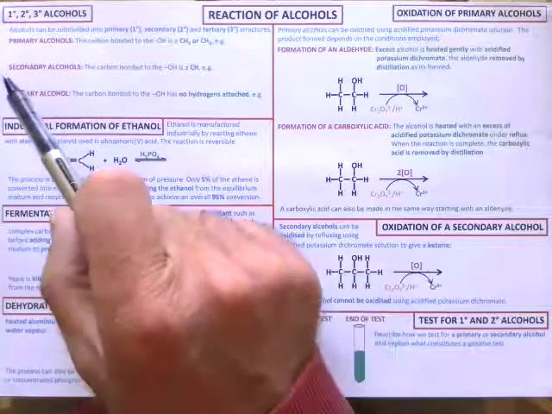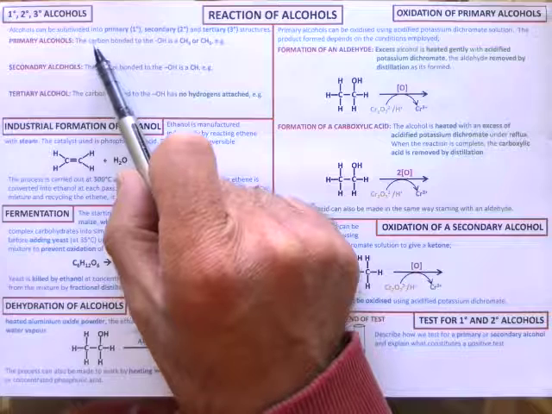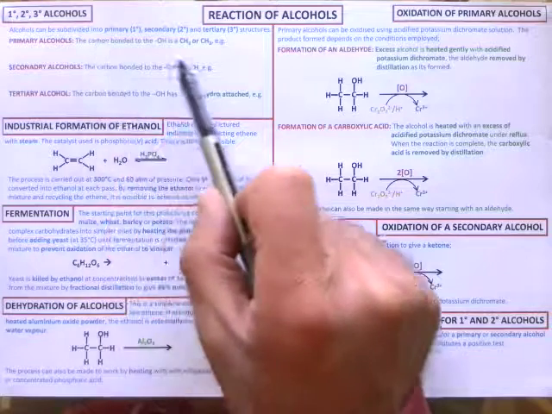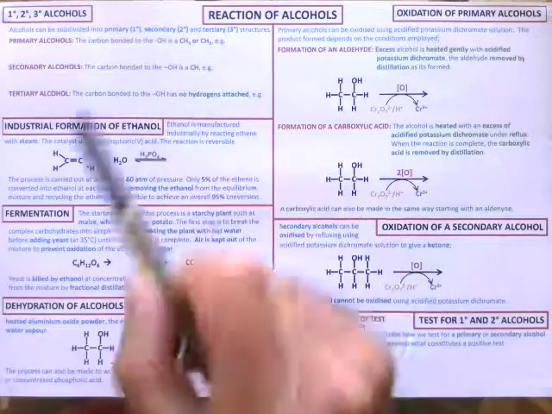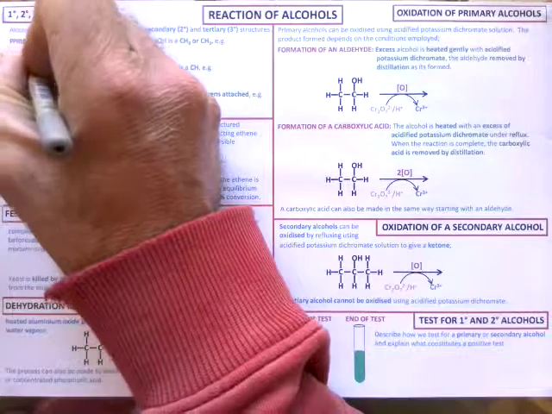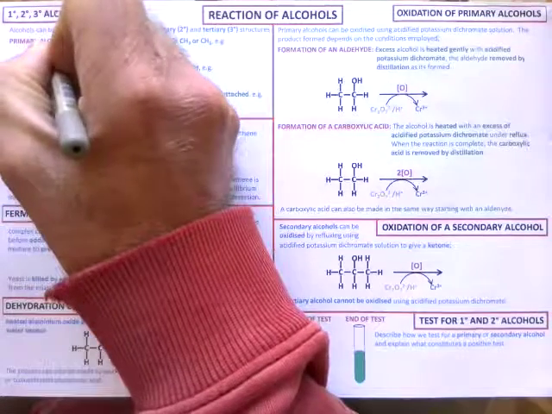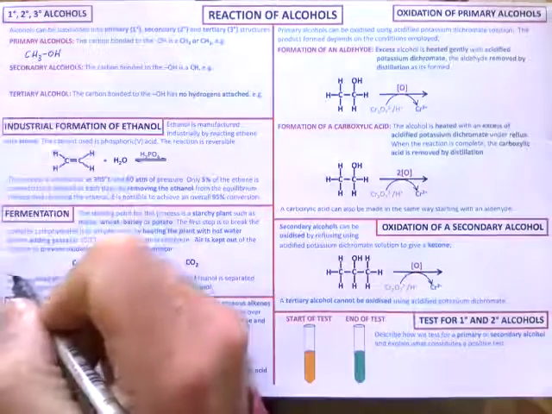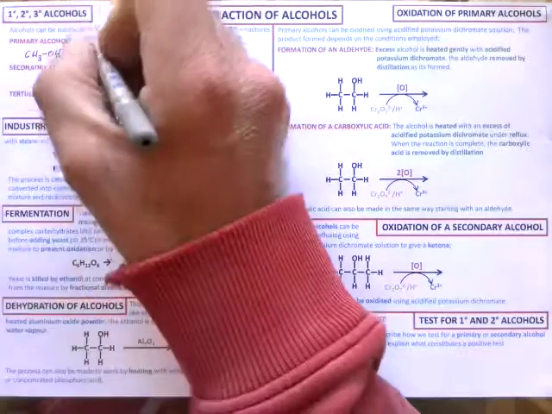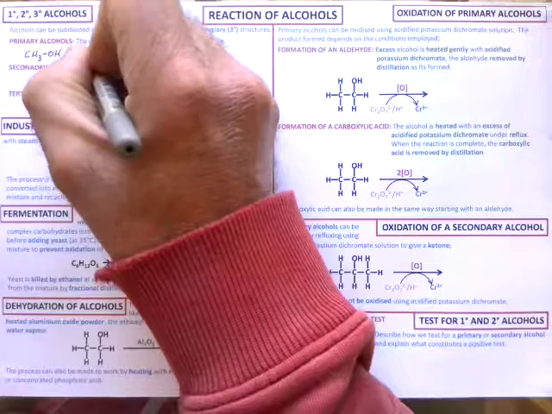So a primary alcohol would be where essentially one carbon atom is bonded to the OH group. So the simplest primary alcohol would be something like methanol.